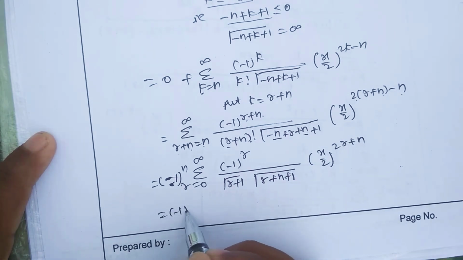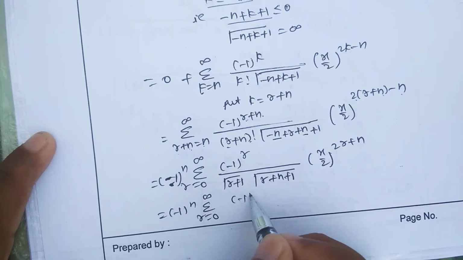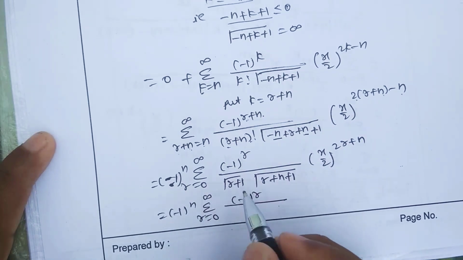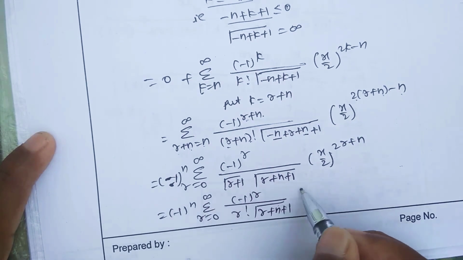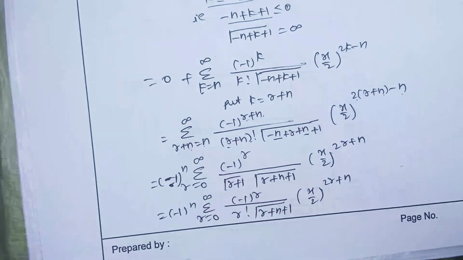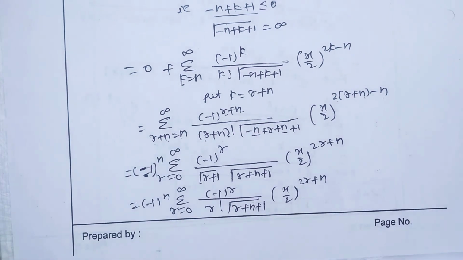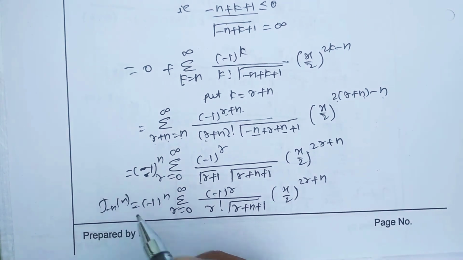Now this is equal to minus 1 raised to n, summation r varies from 0 to infinity, minus 1 raised to r upon r factorial gamma of r plus n plus 1, x by 2 raised to 2r plus n. For simplicity, or for better understanding, I am going to write this J minus n of x again on the next page.